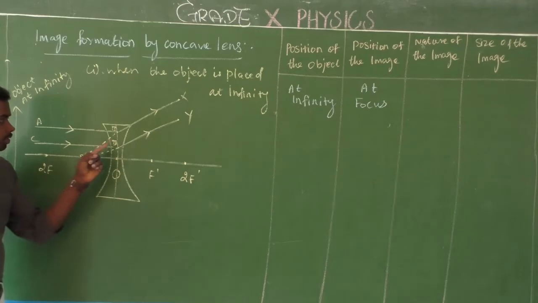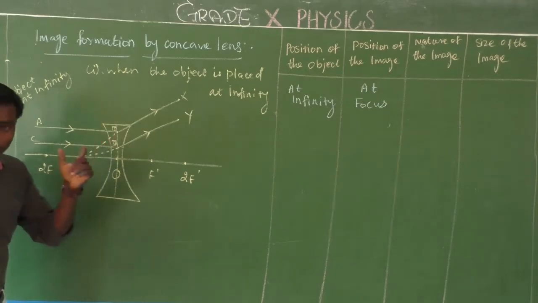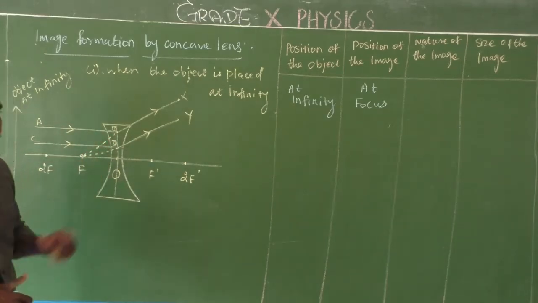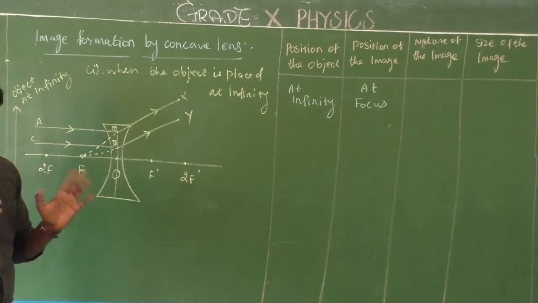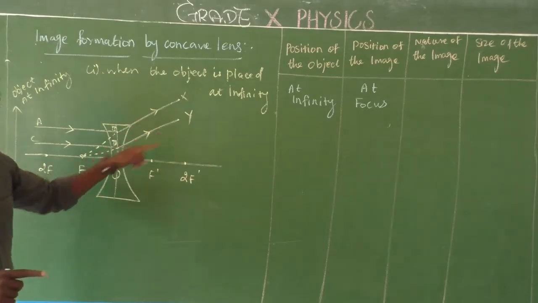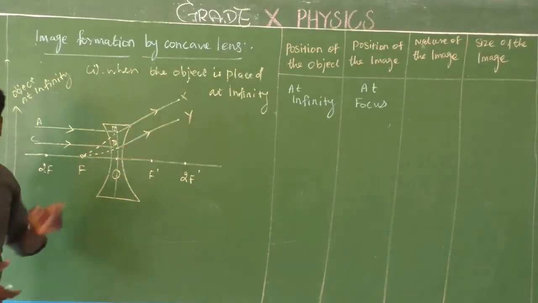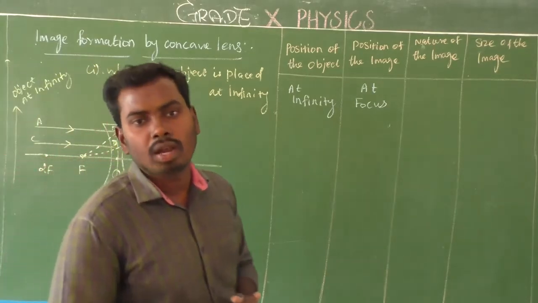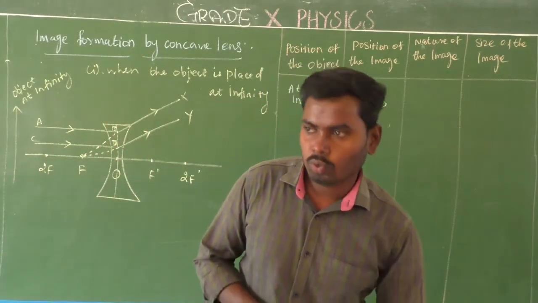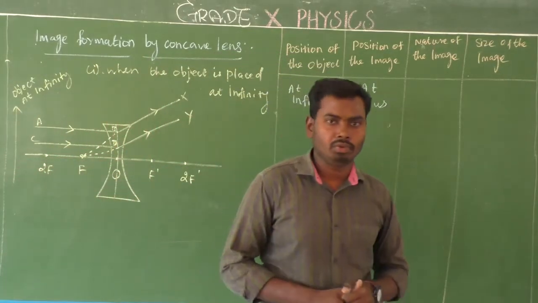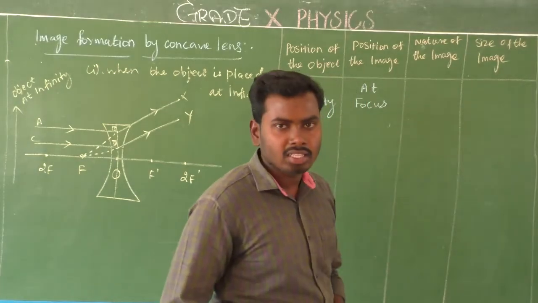These two refracted rays appear to meet at a point, but they never meet at a single point. Since they only appear to meet, the image is considered a virtual image. Very, very simple, don't get confused. So the nature of the image is virtual.